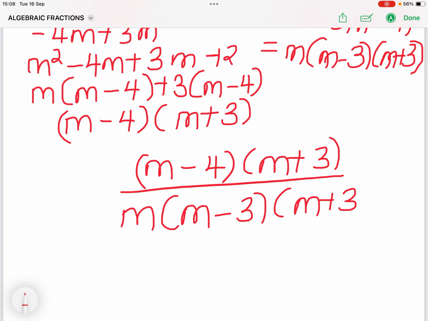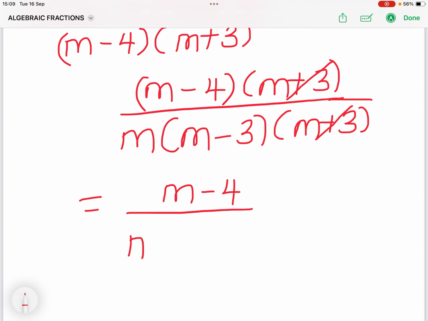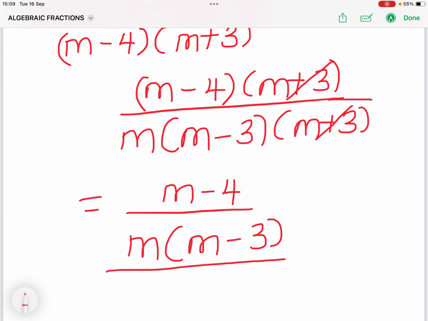And then we need to cancel the like terms. So m plus 3 in the numerator is going to cancel m plus 3 in the denominator, so that our final answer is going to be m minus 4 over m times m minus 3. So this is going to be our final answer.